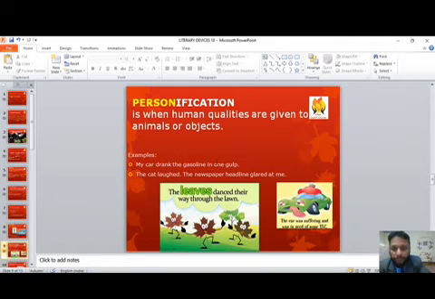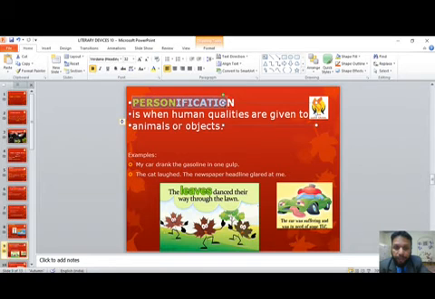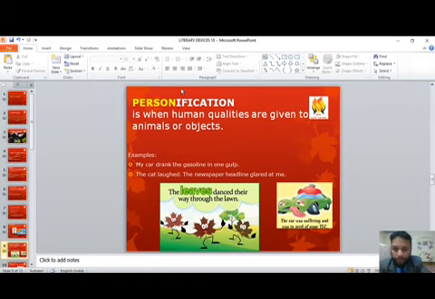But when we use this method, we make the literature more attractive, as I said in the earlier slides also. So personification is the method when inanimate objects are presented as speaking like human beings. So this method is called personification.